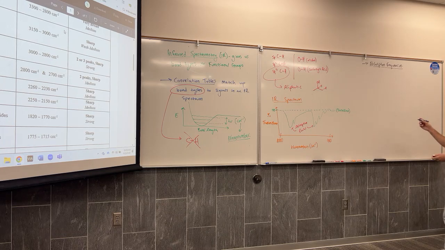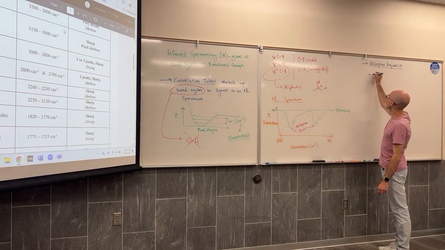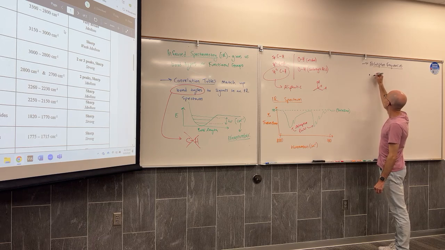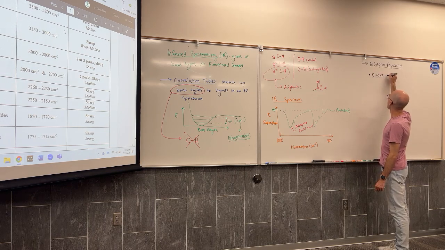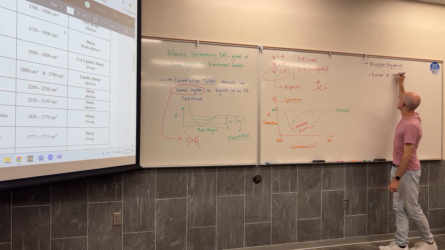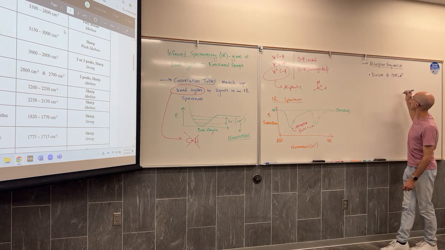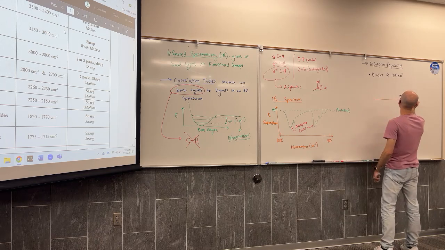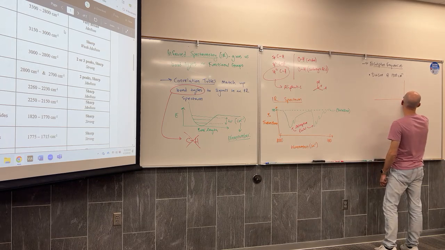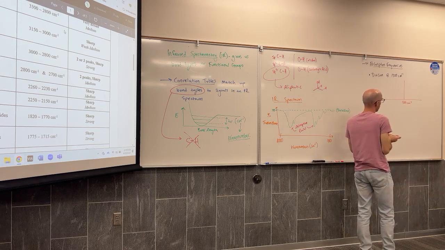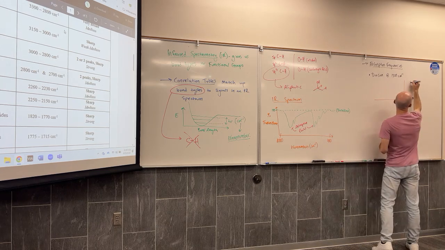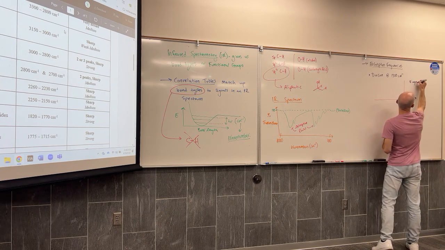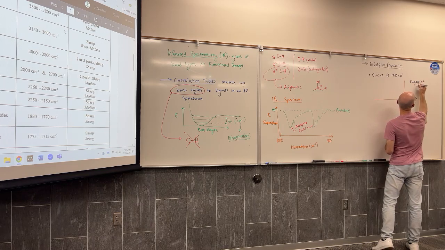First, there is an important spot at 1500 wave numbers. On the right-hand side of 1500 wave numbers, we give the name fingerprint.